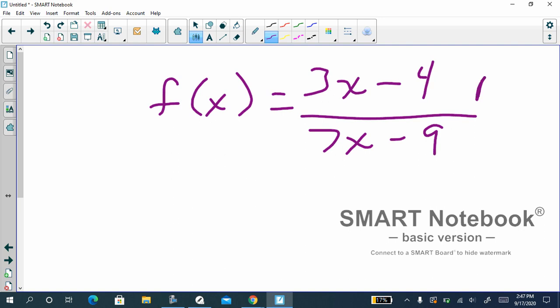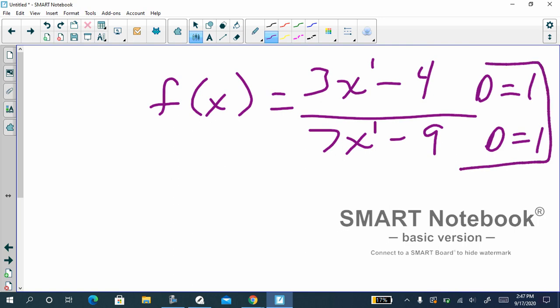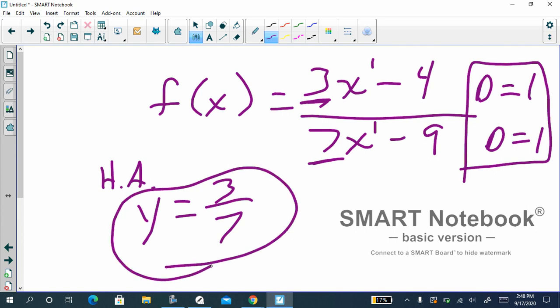So in this one, the degree on top is 1, the degree on bottom is 1, because those are our largest powers. So our rule says if those degrees are the same, if those degrees match, then we have a horizontal asymptote, and y equals the leading coefficient divided by the leading coefficient is where our horizontal asymptote is.